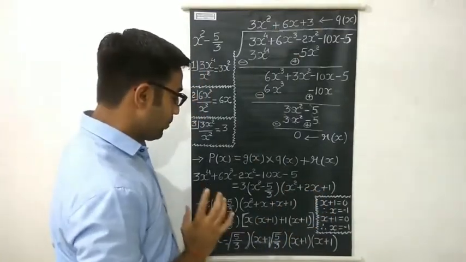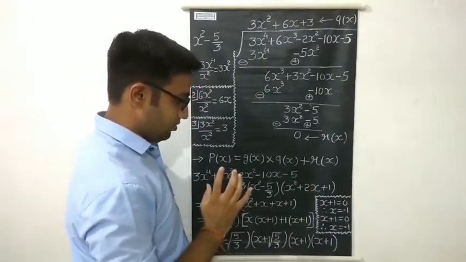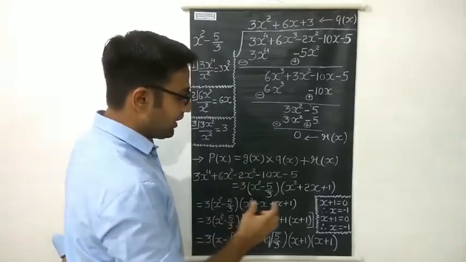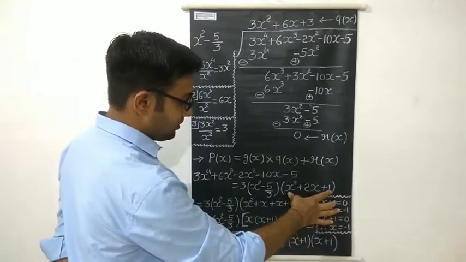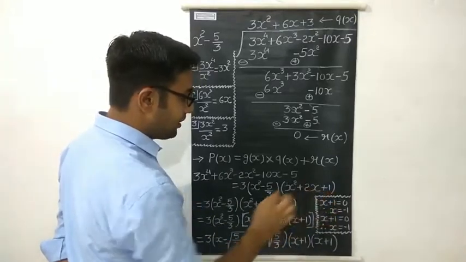To get the other two zeros, we can use this polynomial, so we have to factorize it. For that we will use the splitting the middle term method.